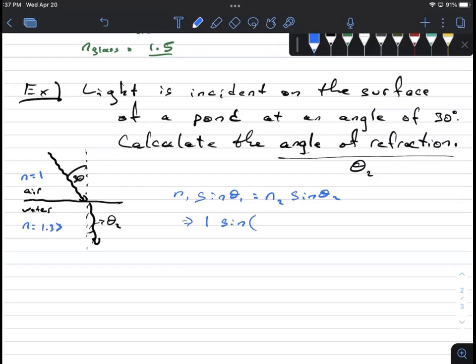Theta 1, remember, is the angle of the light in the first medium, which to us is 30 degrees, is equal to, now we're on the two side, so now we're talking about the water, index of refraction of water, 1.33, times sine of theta 2. Well, that's what I'm looking for. What is this theta 2? That's the setup. Any questions on the setup of this equation before I solve it?